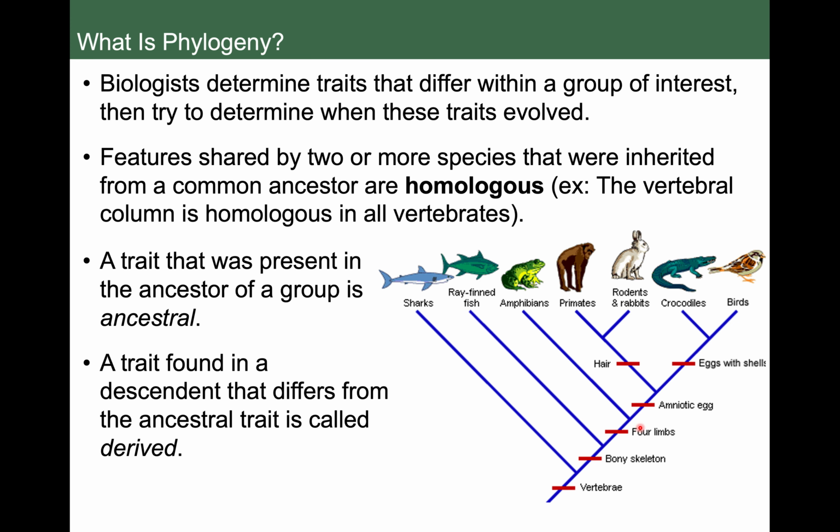Whereas any of these other traits that are not present in all of the organisms, but only some, so for example, four limbs, right? Basically, all the organisms above this point, so amphibians, primates, etc., have four limbs, whereas those below, the fish and the sharks, do not. Any of these traits that come into play above the ancestral trait, we would consider derived traits.